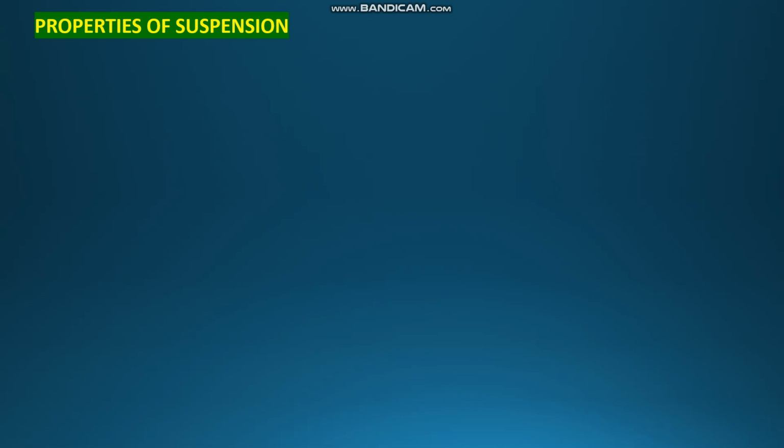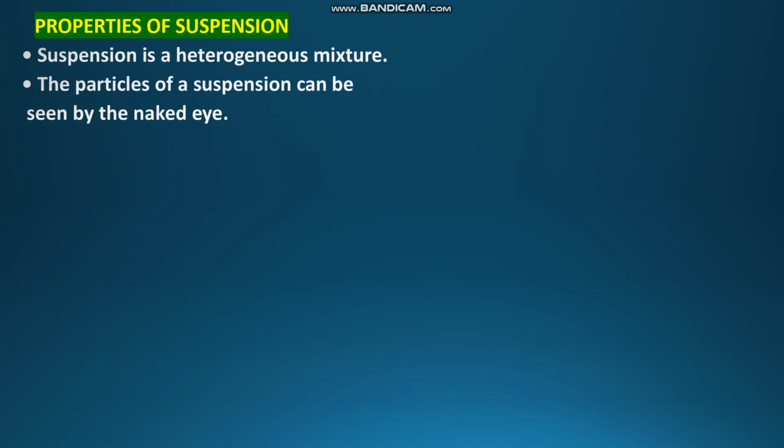Now let us see what are the properties of a suspension. As we have seen, suspension is a heterogeneous mixture. Next one, the particles of a suspension can be seen by the naked eye, not like a solution. We can see the particles.